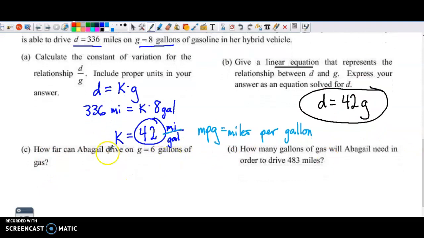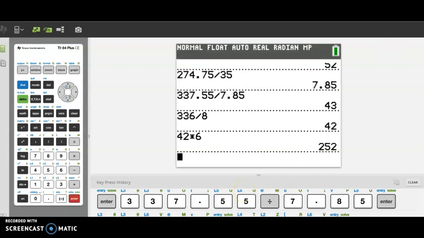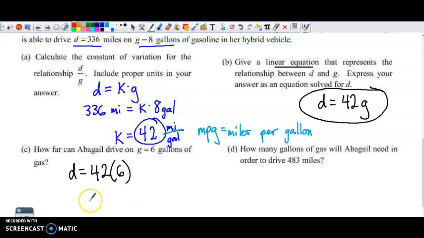So how far can Abigail drive on 6 gallons of gas? Well, plug in 6 for g. And again, I'll let you use a calculator. 252 miles. There we go.